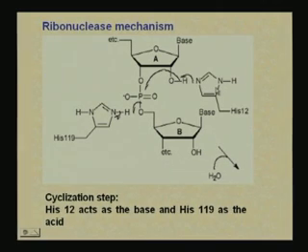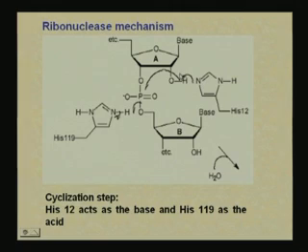It is going to be abstracted by histidine 12. So this acts as an electron pair donor, so it is acting as a base. So histidine 12 is acting as a base in abstracting the proton from what is called the 2' OH of the A ring of the ribose sugar of the ribonucleic acid.